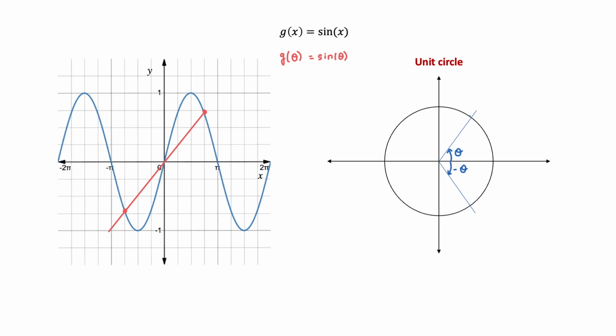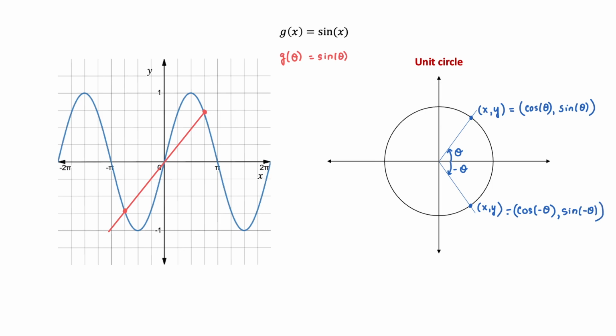We're going to have an intersection right here on the circle, and that's going to give us a point with coordinates x comma y, and the same thing over here in the fourth quadrant, x comma y. You may remember that we can rewrite the coordinates in terms of trig. That means cosine theta, sine theta, and here we're going to have cosine negative theta and sine negative theta.